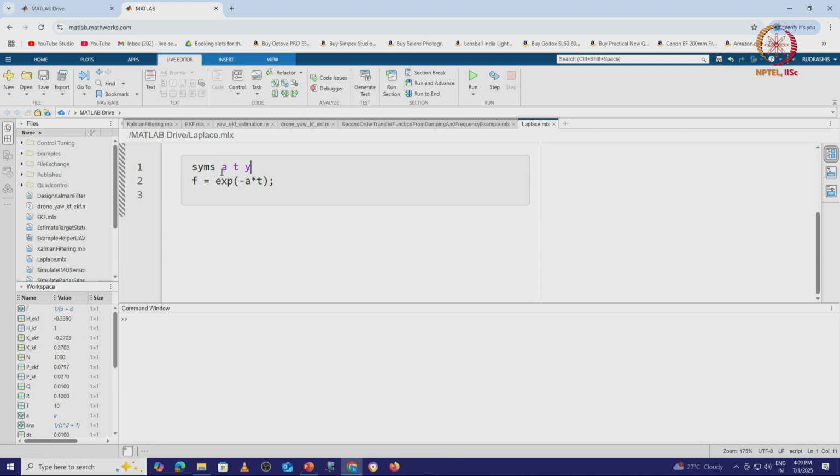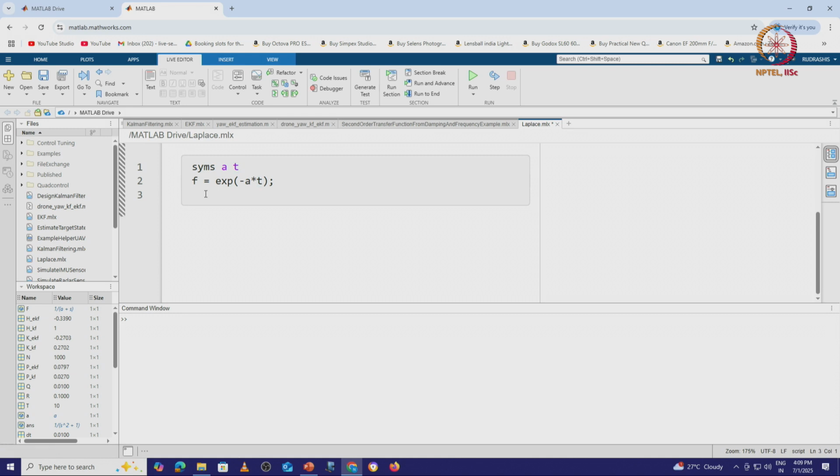So we take the variable a, we take the variable time t, and then y is another variable which might not be required here, but we will put it like this. Okay, and we have f equal to exponential of minus a into t. Okay, this is what we write, e to the power minus at.